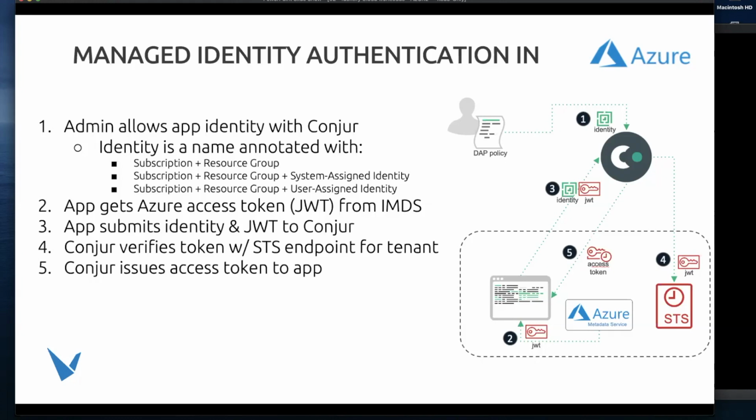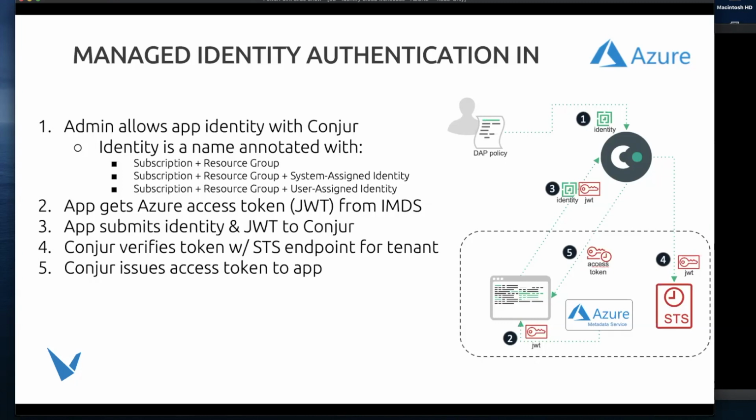Conjur then takes that JWT and verifies it with the Azure Identity Service. If the Azure Identity Service comes back and says, yes, thumbs up, then we are issued an access token, at which time we can then retrieve secrets from Conjur.